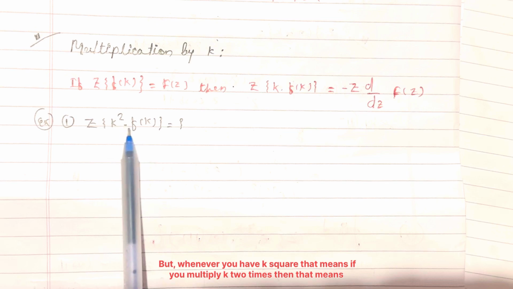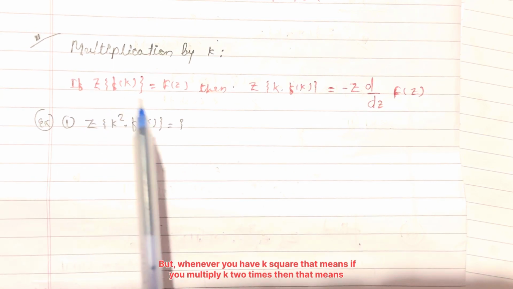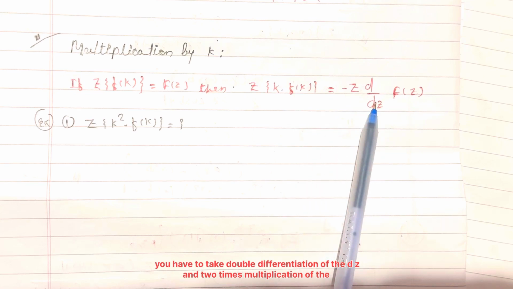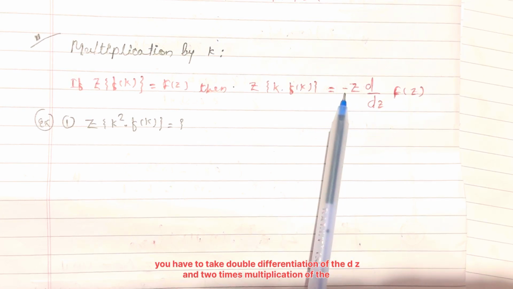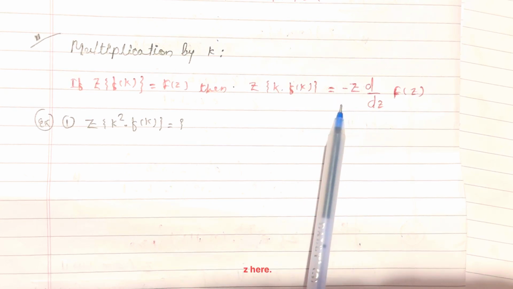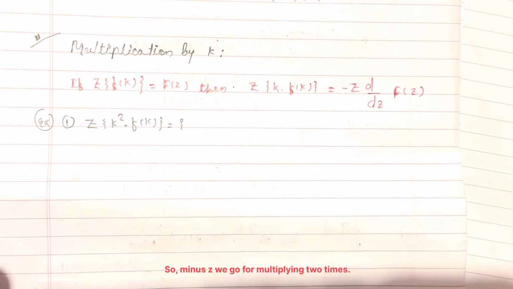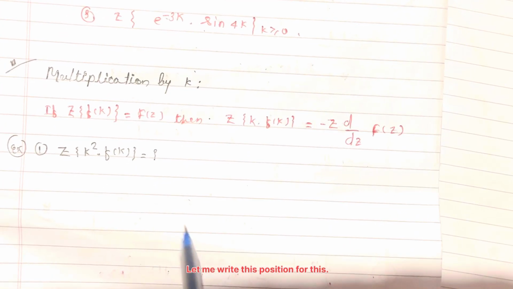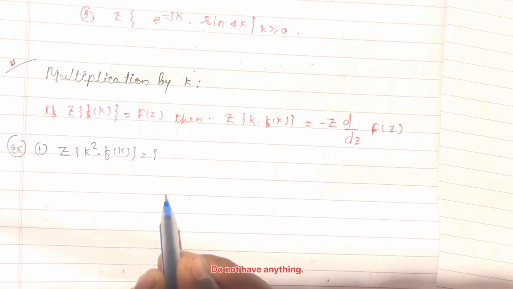But whenever we have k square, that means k is multiplied two times, so we have to take the double differentiation with respect to z and multiply by minus z two times. Let me write the solution for this. It's way easier, guys.